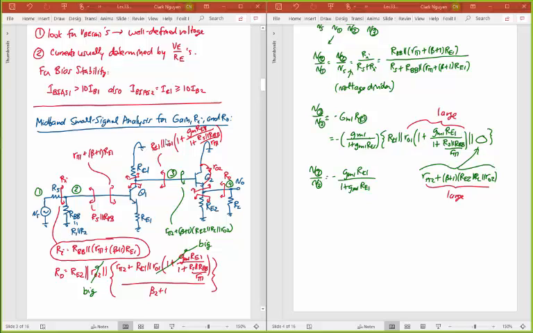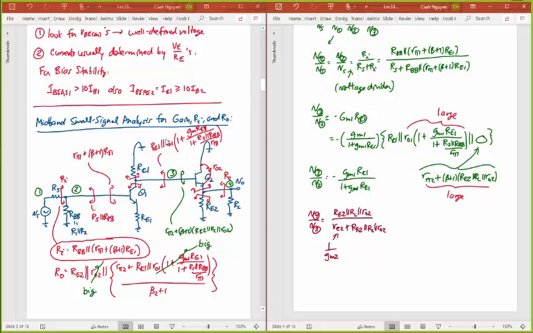So I can just write right away that the gain from 3 to 4 is just going to be equal to RE2 parallel RL, my load resistance, parallel R02, divided by that little RE2, which remember is just 1 over GM of 2, plus this same resistance, RE2 parallel RL parallel R02.